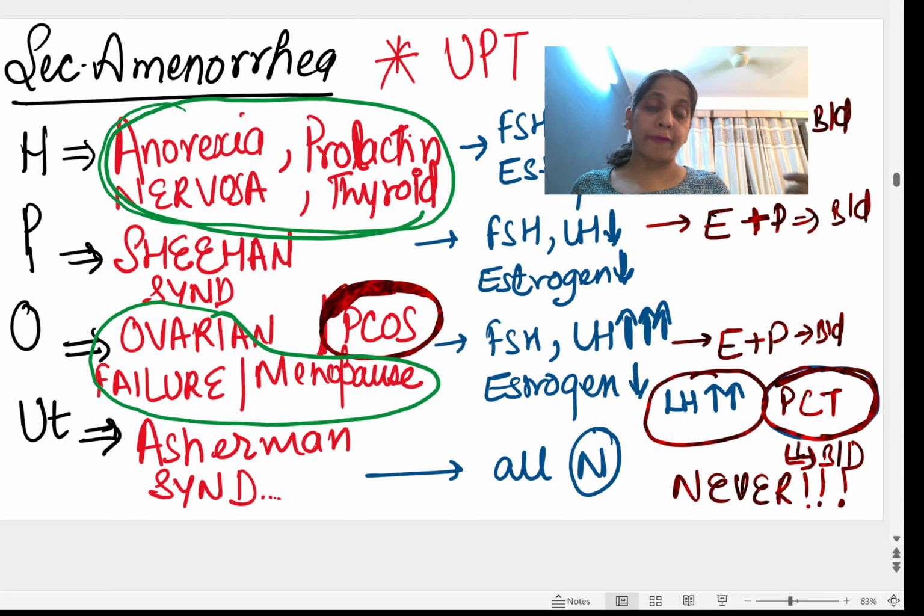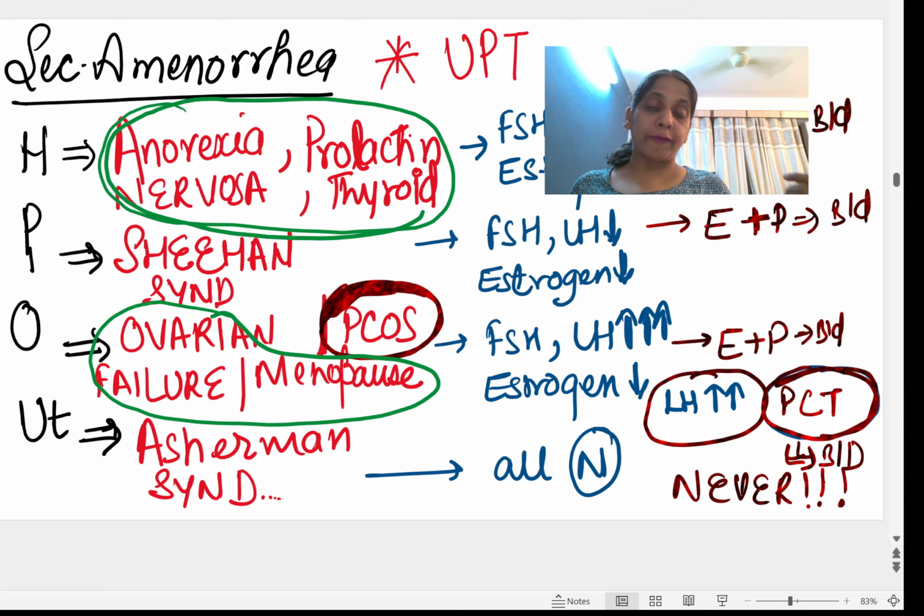All these hyperestrogenic conditions, benign conditions and cancers, will be benefited. Their risk will decrease, or they will get corrected. No doubt breast cancer is also an estrogenic cancer, but there is no effect on breast cancer.